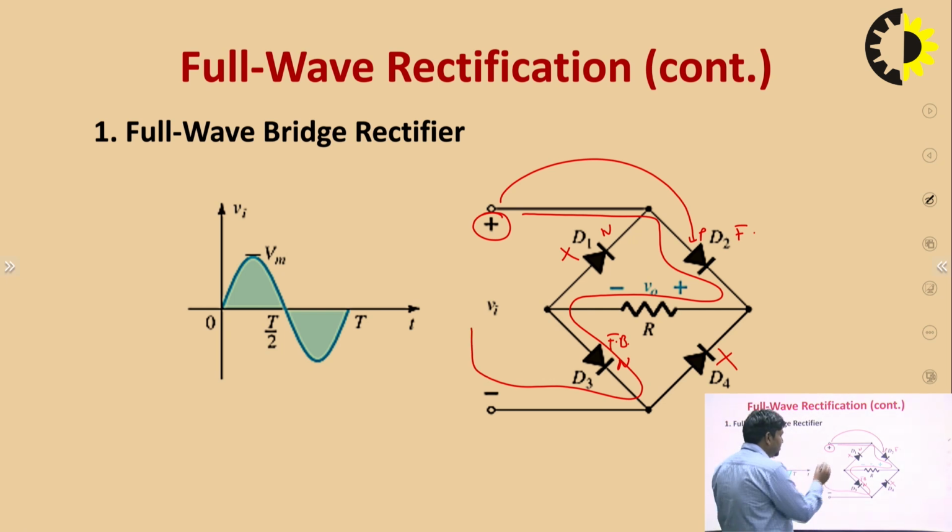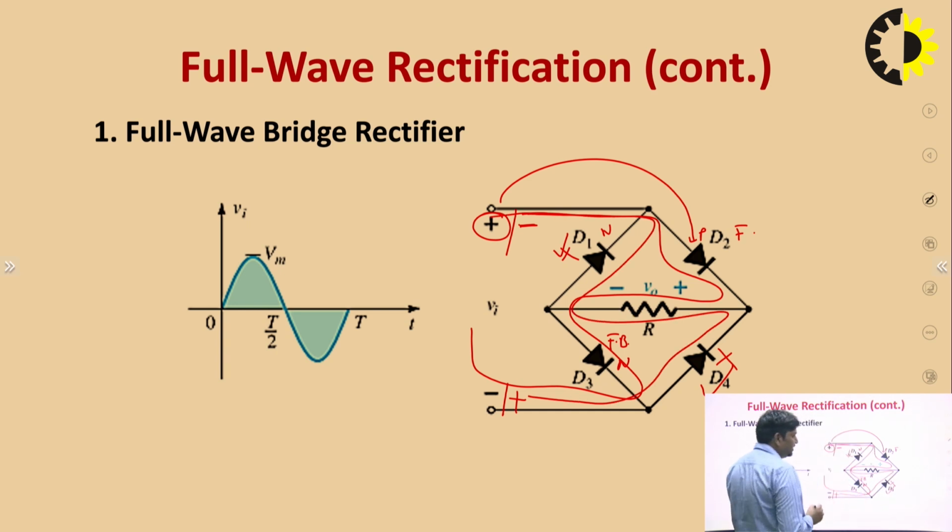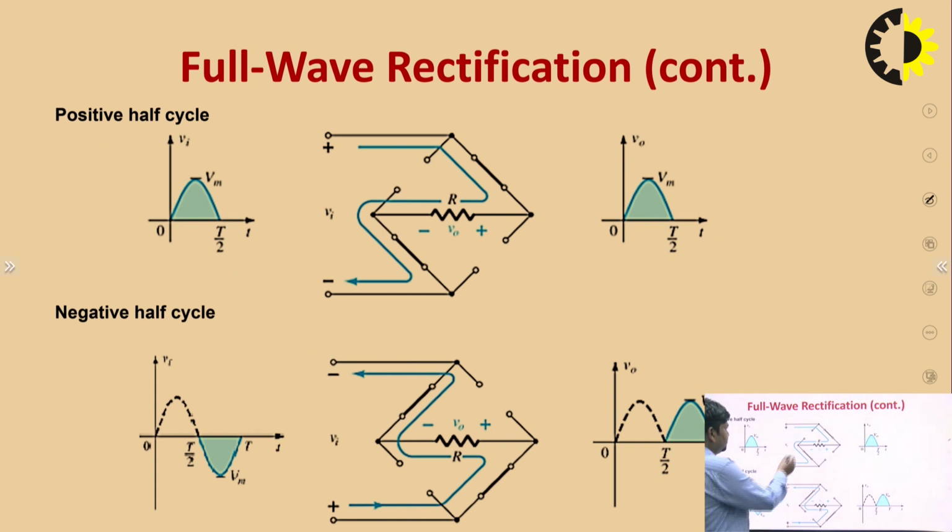But in the next cycle, this is negative, this is positive. So, this one is forward bias, this one is forward bias. In this case, the diodes conduct and we get maximum current flow in that circuit.